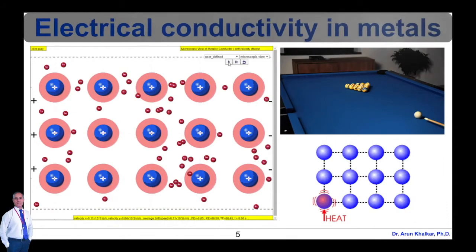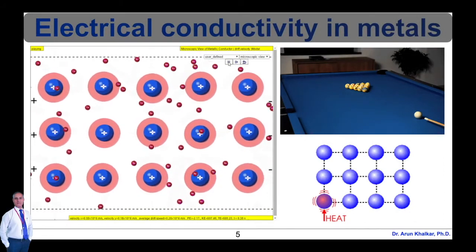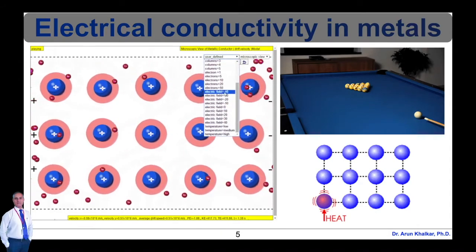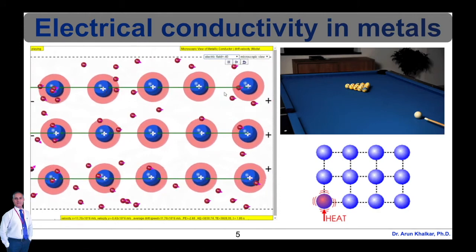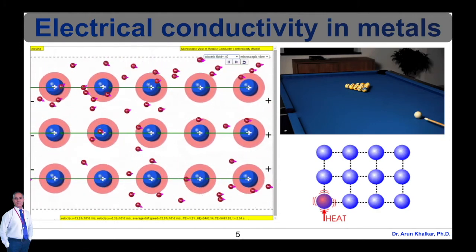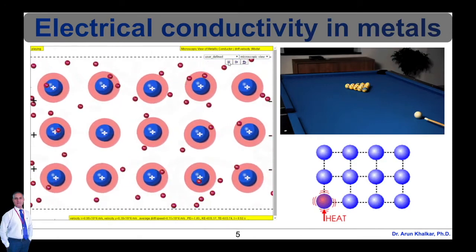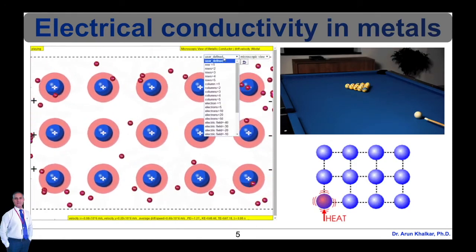Now let's see electrical conductivity in metals. Electrical conductivity in metals is a result of the movement of electrically charged particles. The atoms of metal elements are characterized by the presence of valence electrons, which are electrons in the outer shell of an atom that are free to move about.